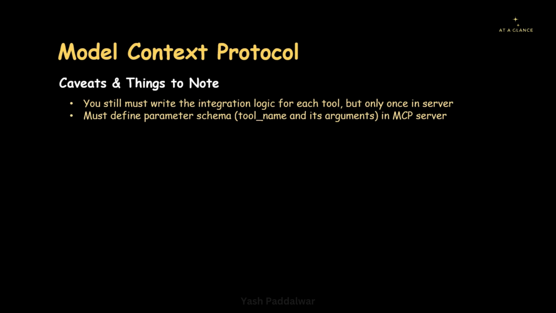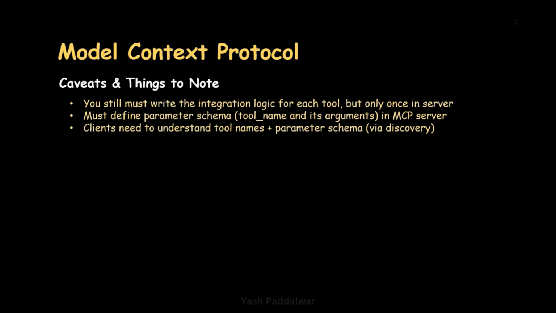So this definition of the parameter list and description is mandatory. Clients need to understand the tool names and parameter schema via discovery. You need to make sure that discovery of the tools and parameter list is properly handled from the client side. If it is not, then you need to check your pipeline again.